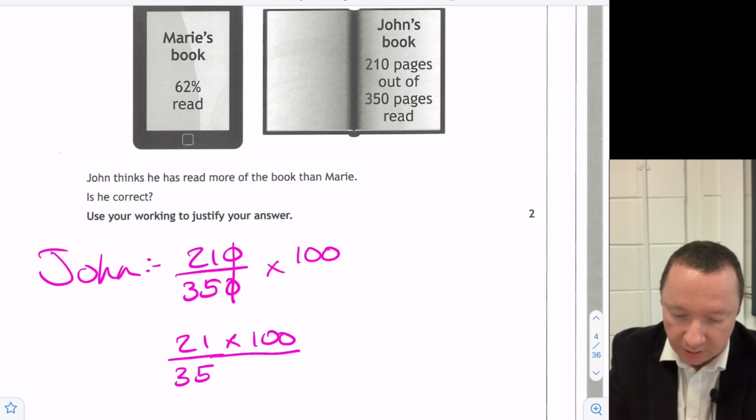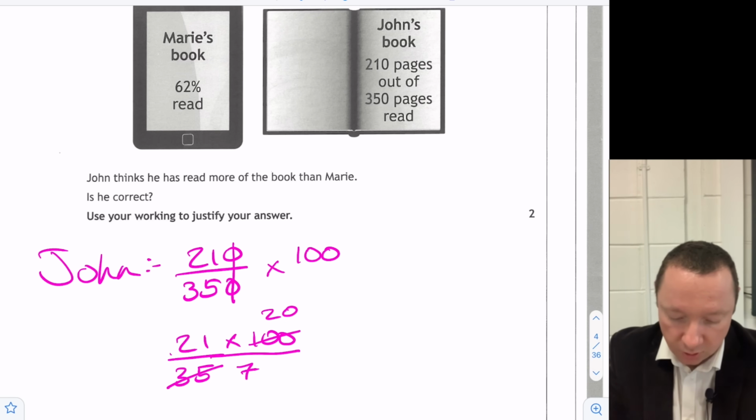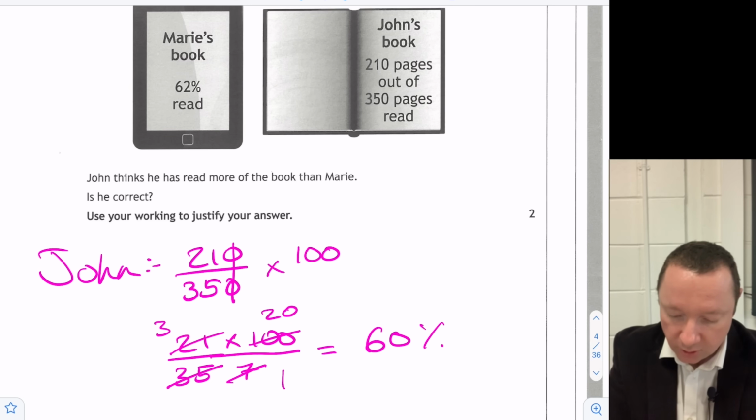You should be able to see that 5 goes into 100 20 times, and 5 goes into 35 7 times. Then 7 goes into 21 3 times. So I can divide by 7 to get 3 and divide by 7 to get 1. So we've just got 3 times 20 left, which is 60%.